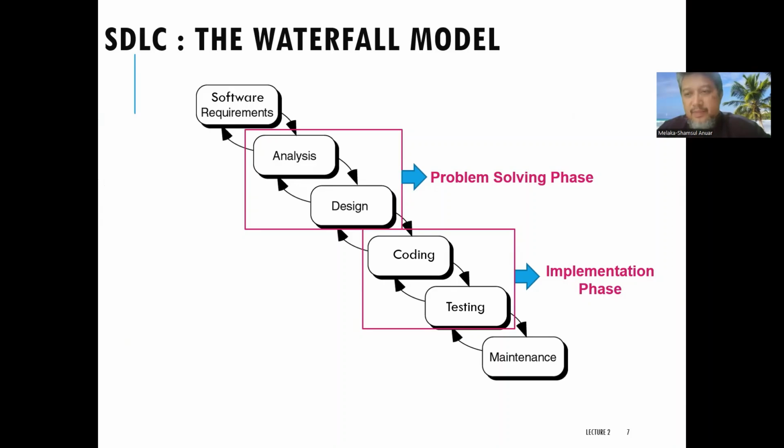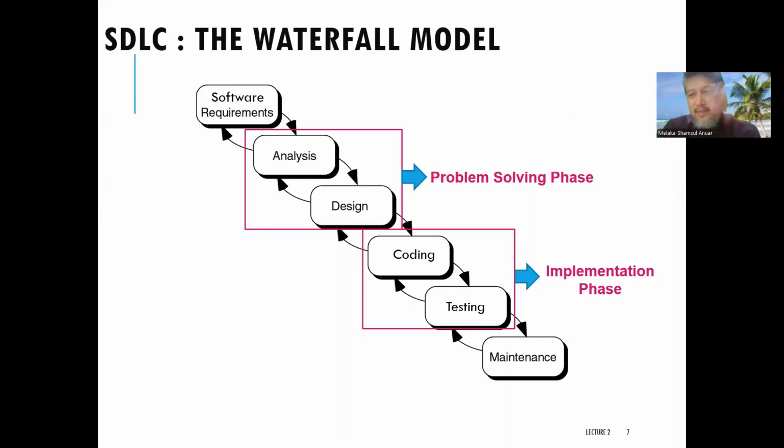You have to actually write the code, and then you have to test run your code, your program, to see if the solution that you get is satisfying. And then you do some maintenance, how to maintain that system.